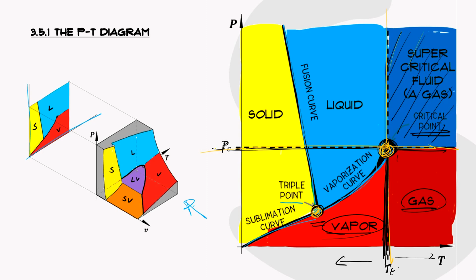That's above the critical pressure and the critical temperature. If we are below the critical pressure but above the critical temperature, the substance is what we call gas, and below the critical temperature it is what we call vapor. So there's a difference between a gas and a vapor.